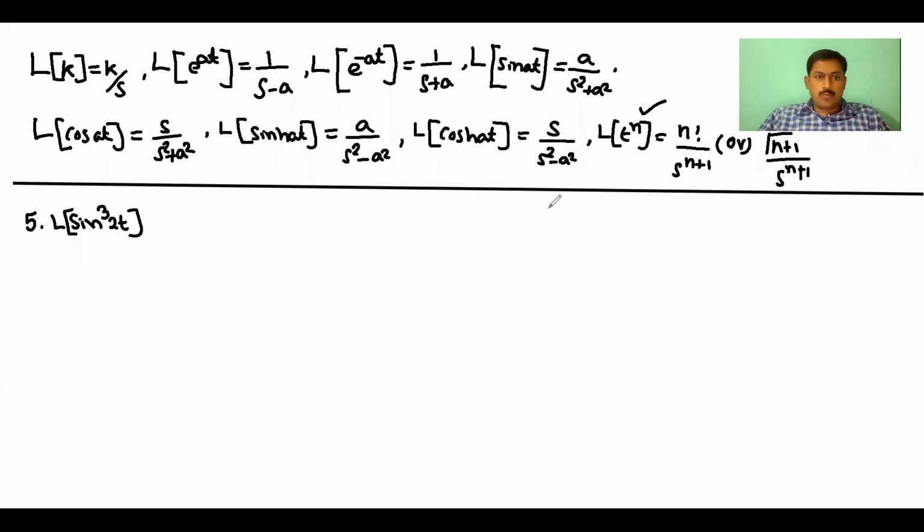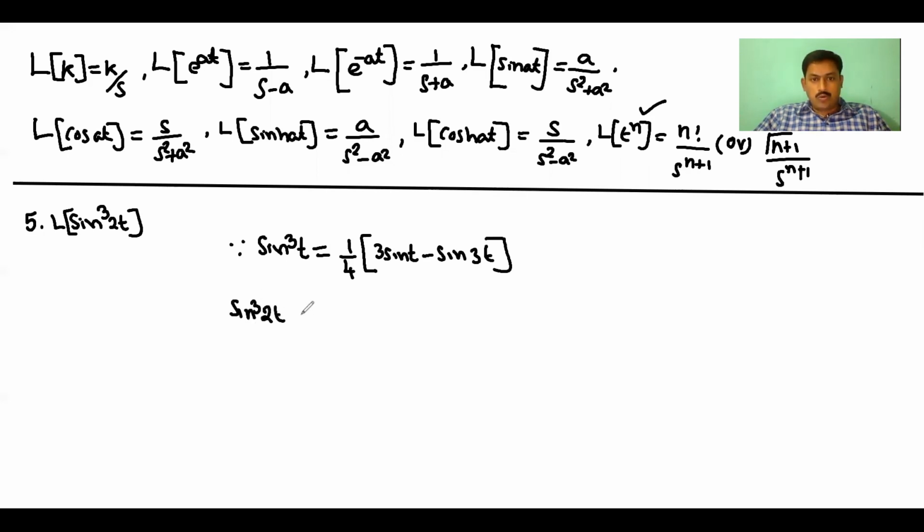L of sin cube 2t. We have the formula for sin cube t as 1 by 4 into 3 sin t minus sin 3t. So using this formula, we are going to write sin cube 2t as 1 by 4 into 3 sin 2t minus sin 3 into t.